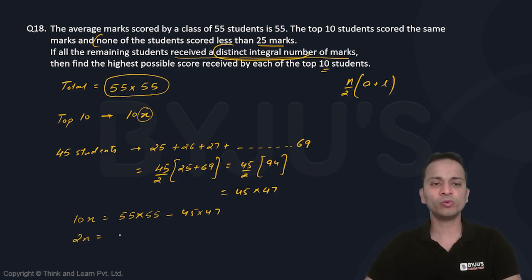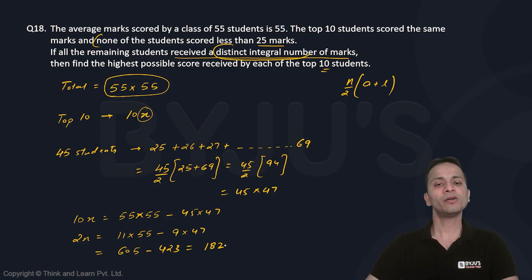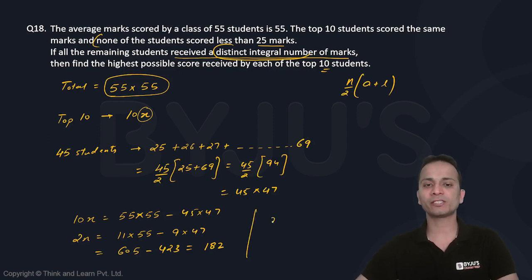So 2x is equal to 11 into 55 minus 9 into 47. So 11 into 55 is 605 minus 9 into 47, which is 423. So the value of 2x comes out to be 182, and the value of x will be equal to 91.